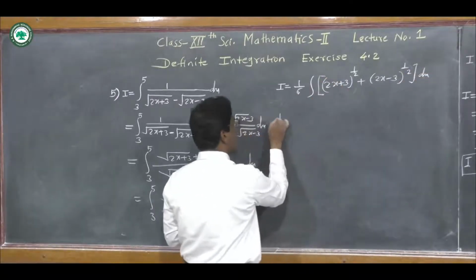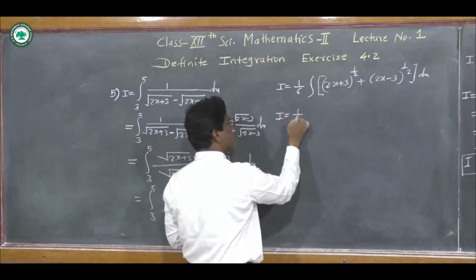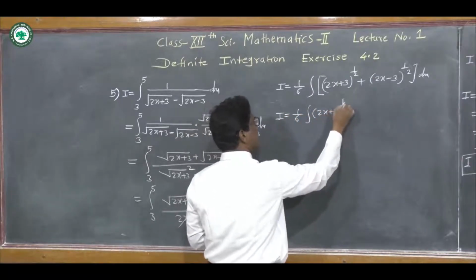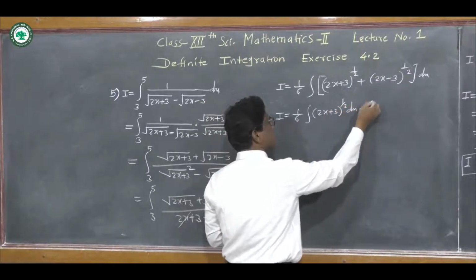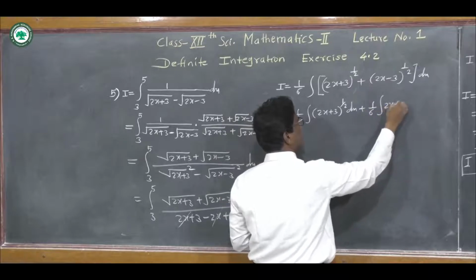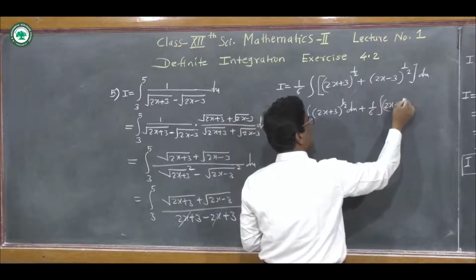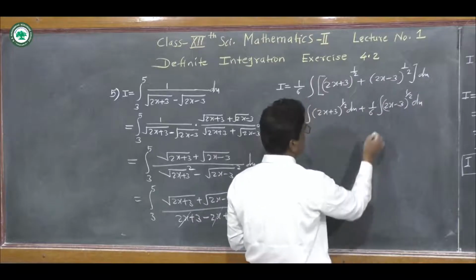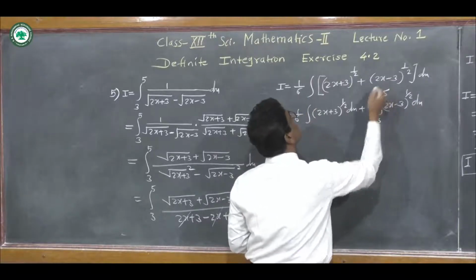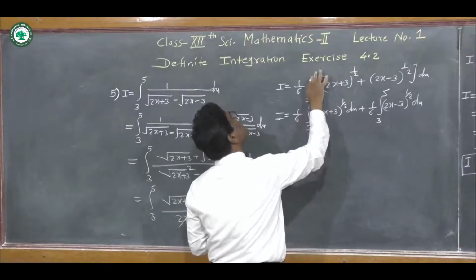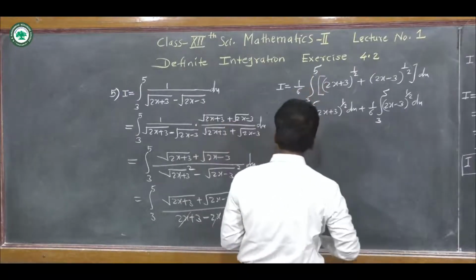So I is equal to 1 upon 6 into integration of (2x plus 3) to the power 1 half dx plus 1 upon 6 into integration of (2x minus 3) to the power 1 half dx, with limits from 3 to 5 in each.